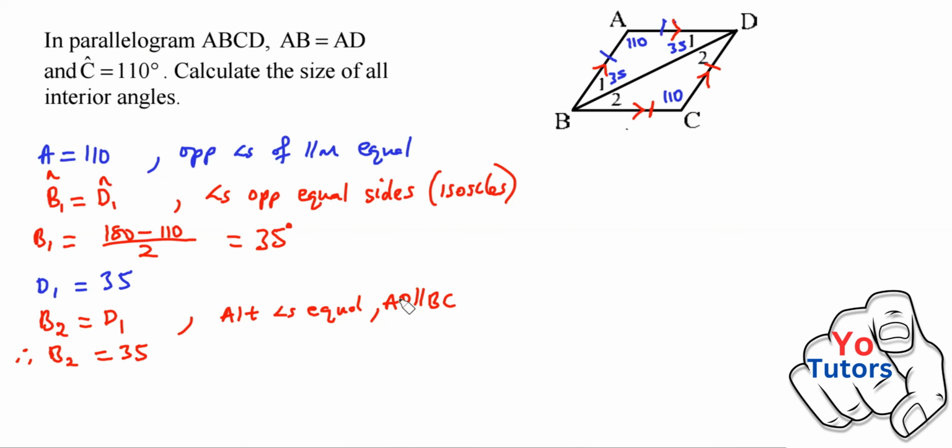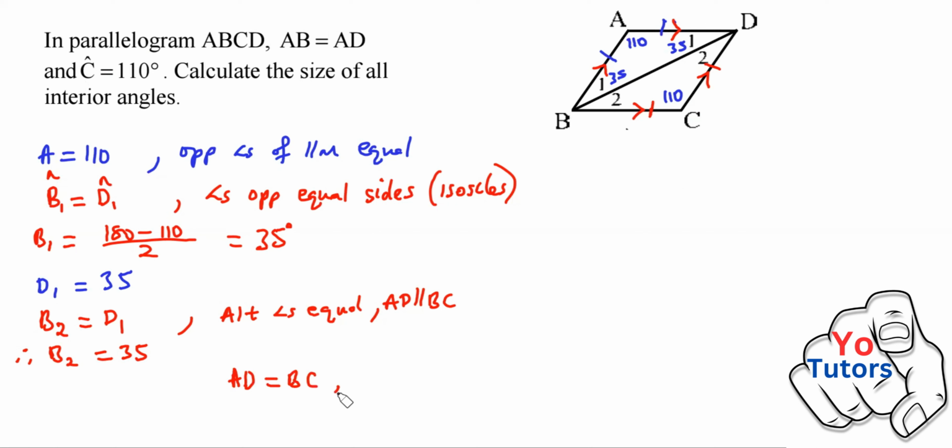Now what else are we left with? We are now left with D2. What we can say is that AD is equal to BC.